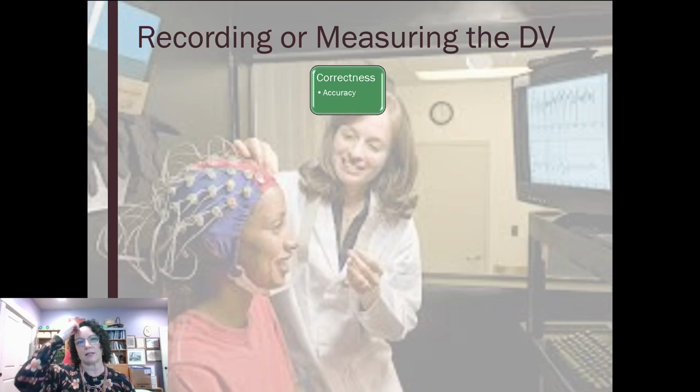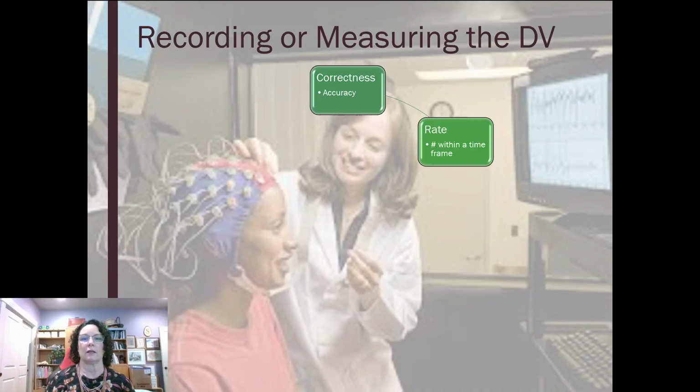So different things that we can record or measure would be things like correctness. Another word for that might be accuracy, right? So maybe on a memory test or on a knowledge test, we would have that. Rate, the number of behaviors during some specific time frame, like how many times did they tap their finger during that time?